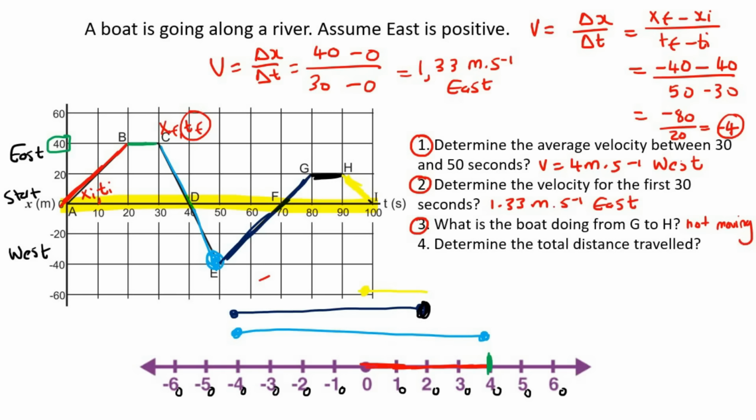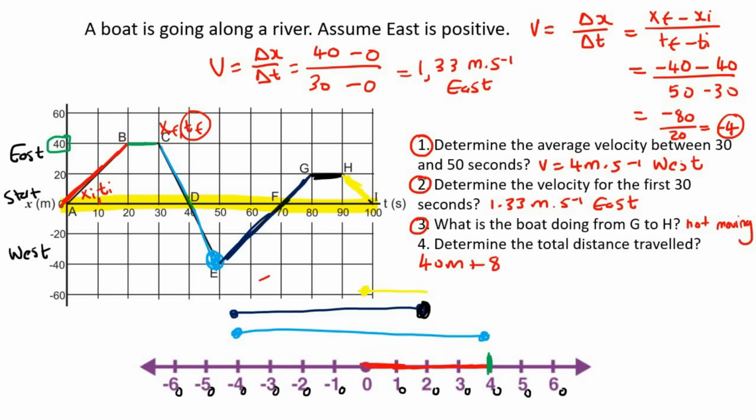And this one says, determine the total distance traveled. The total distance traveled will just be all of these added together. The first part was 40 meters. Then this part here is 40 meters, or you could just say this whole part is 80 meters, from here all the way to here.